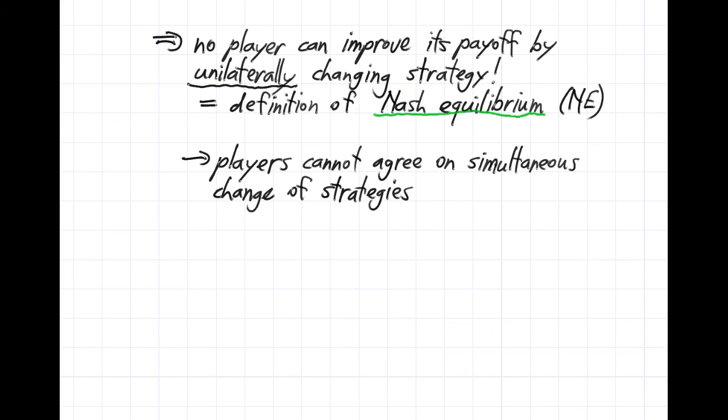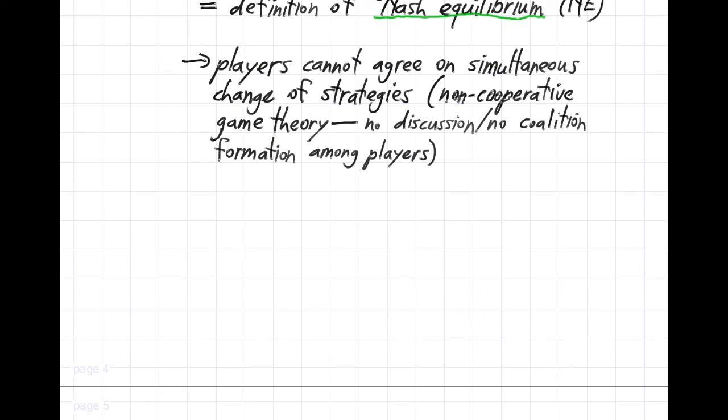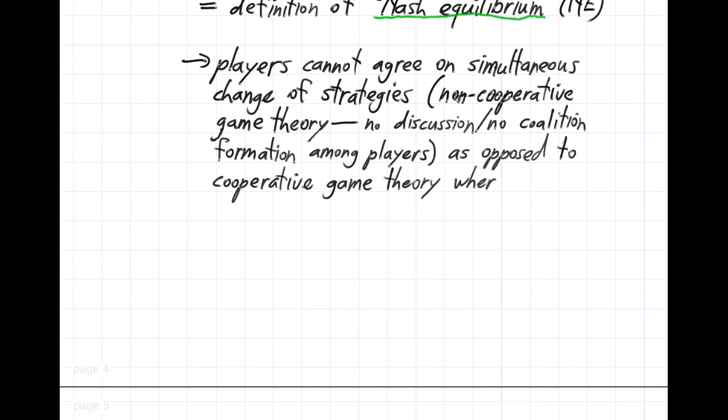This is what we call non-cooperative game theory, meaning that there's no discussion, or more importantly, no coalition formation among the players. And that's in contrast to cooperative game theory, where this is possible.